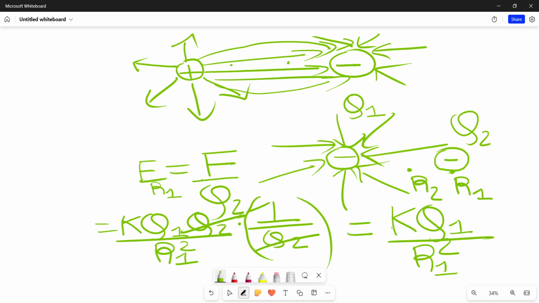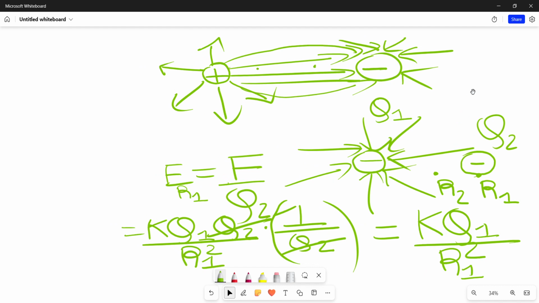Now, if I want to figure out the field strength at R2, I can again use the same equation. So the E field at R2, due to Q1, has to equal force divided by whatever arbitrary charge.